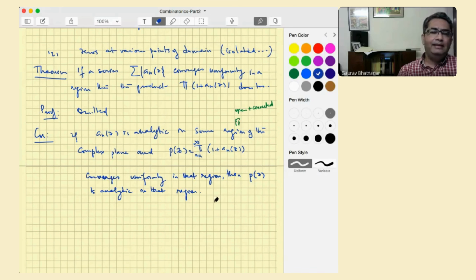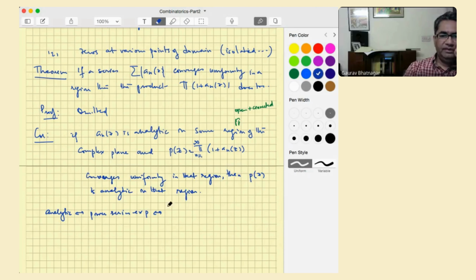And analytic means there's a power series expansion, and that means that an infinite number of derivatives exist.